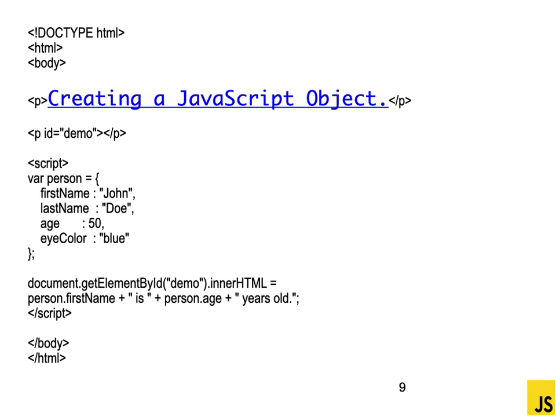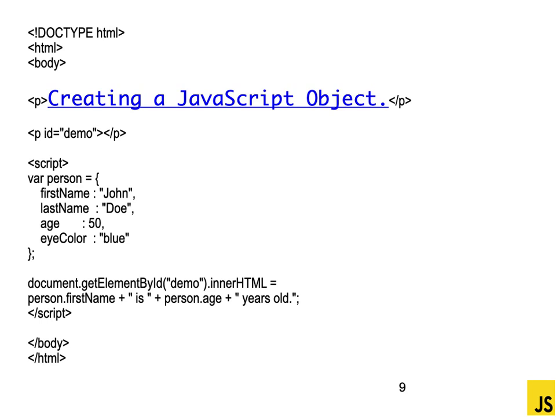Okay, so document.getElementById demo .innerHTML is equal to person.firstName plus a simple comment inside double quotes plus person.age plus years old. So this particular statement will get a value. In person.firstName, person is the object name here, and firstName is John.